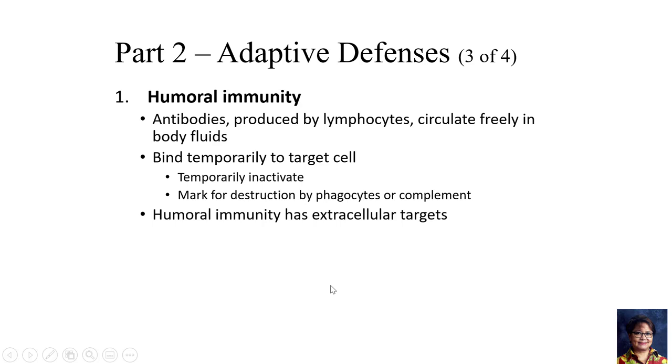They are also marking the target cell for destruction by phagocytes or by the complement system. So the humoral immunity has extracellular targets. So these are just like bullets. They are formed by specific cells, and you call them the B cells, and they are bound to pretty much target a cell that is holding an antigen, a foreign cell.